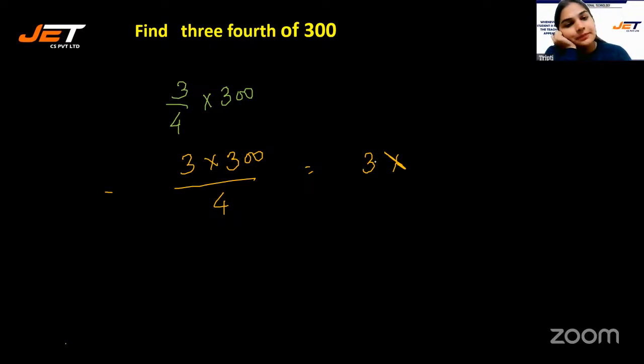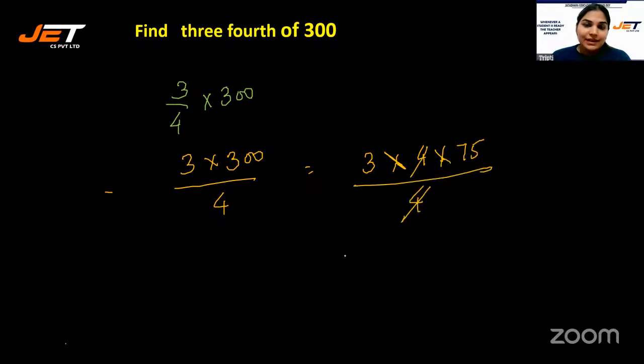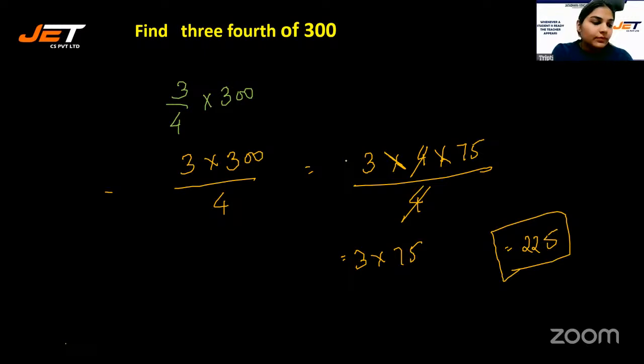Done. So I can write 300 as 3 times 4 times 75. In the denominator 4. Cancel, cancel. Now I have got 3 times 75. 225 is my answer.